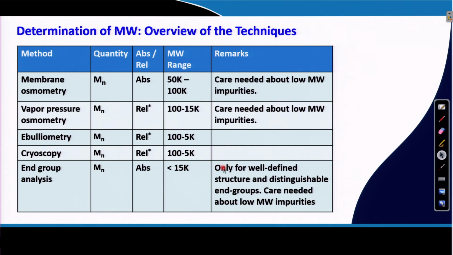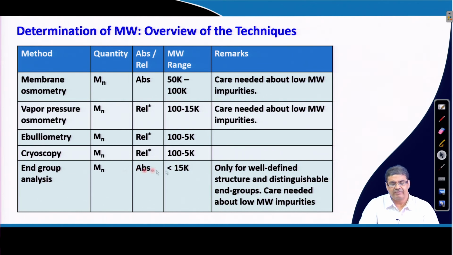And the restriction is that we need to have techniques which can quantify the end groups very effectively. So, to apply this technique of molecular weight determination, we need to have polymers with distinct end groups which can be quantified by any chemical methods. And of course, care needs to be taken about low molecular weight impurities.